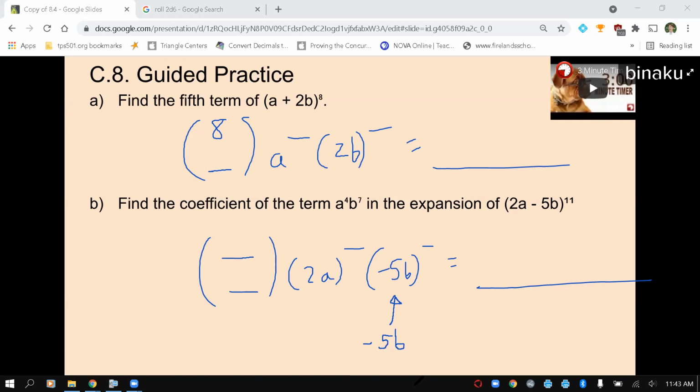By the time you get to that one, the last term will have power of 6. That wasn't the sixth term. We skipped. But yeah, this number is the power of your second term. There you go. A squared b to the sixth.